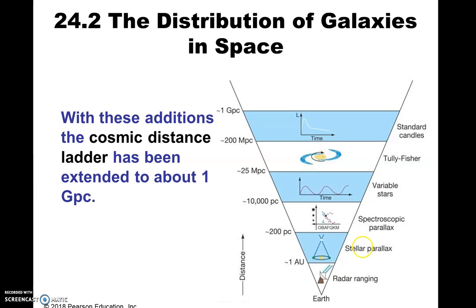And again, there should be some variable stars, some RR Lyrae or Cepheid variables, that are close enough that we can actually do stellar parallax, and then we can verify the distance.